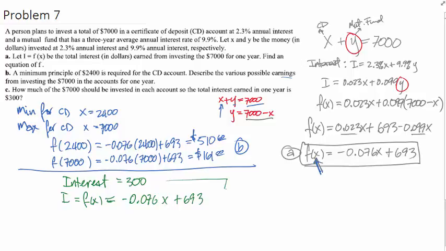So we want our interest to be equal to 300, and we're going to be solving for X. Let's subtract. I get negative 0.076x is equal to, since the 693 is larger, negative 393.